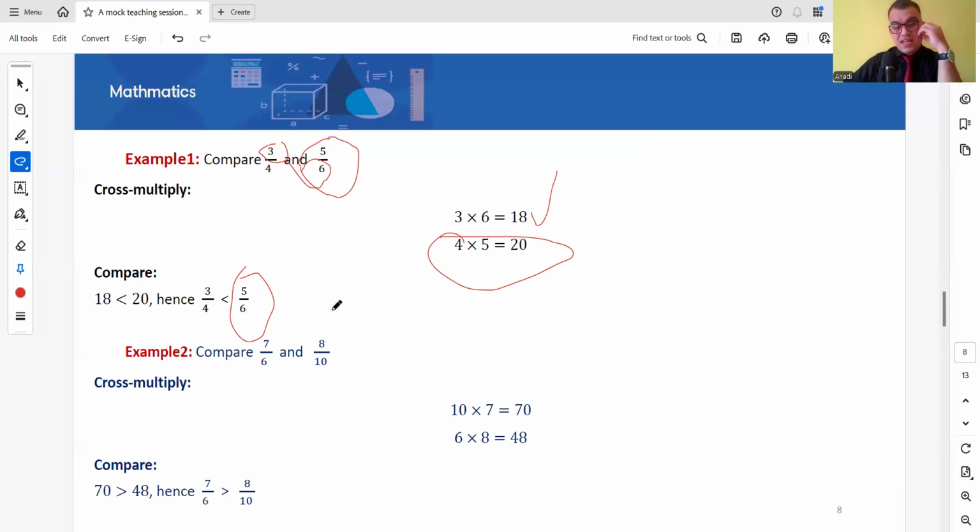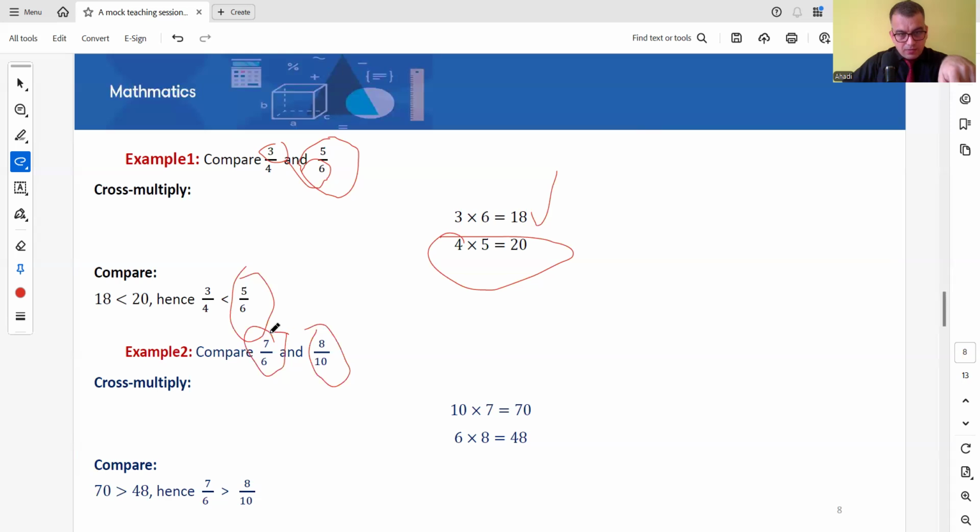Yes, it is very easy and it is also a very nice shortcut way to compare two fractions without finding the common denominators between them. And this example, Sarah, please tell me which one is bigger.